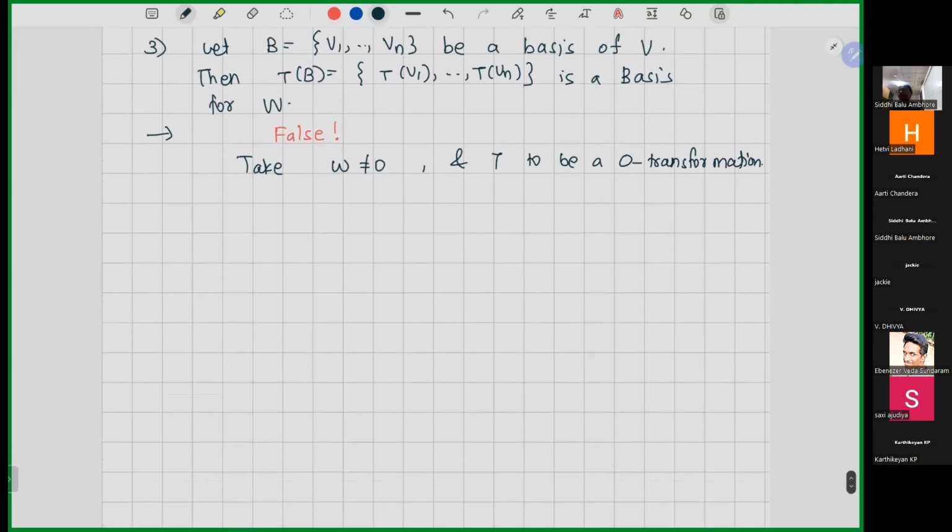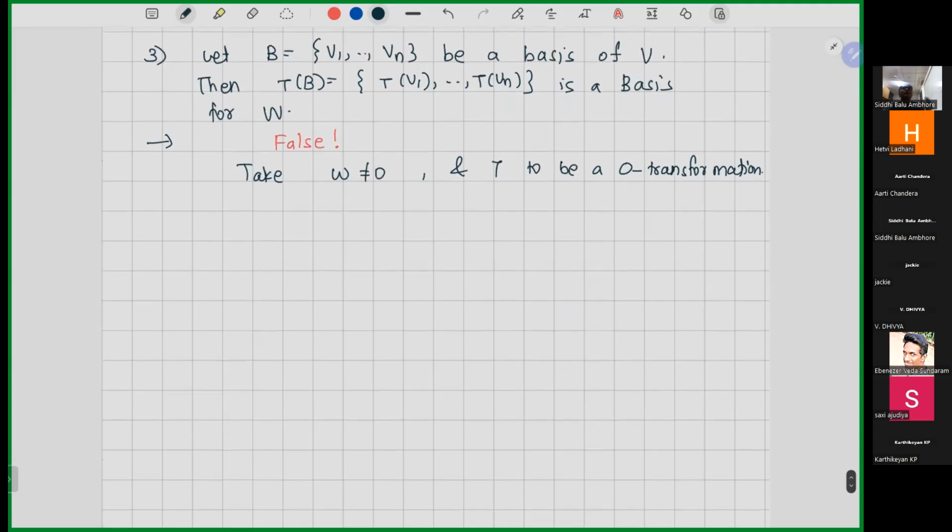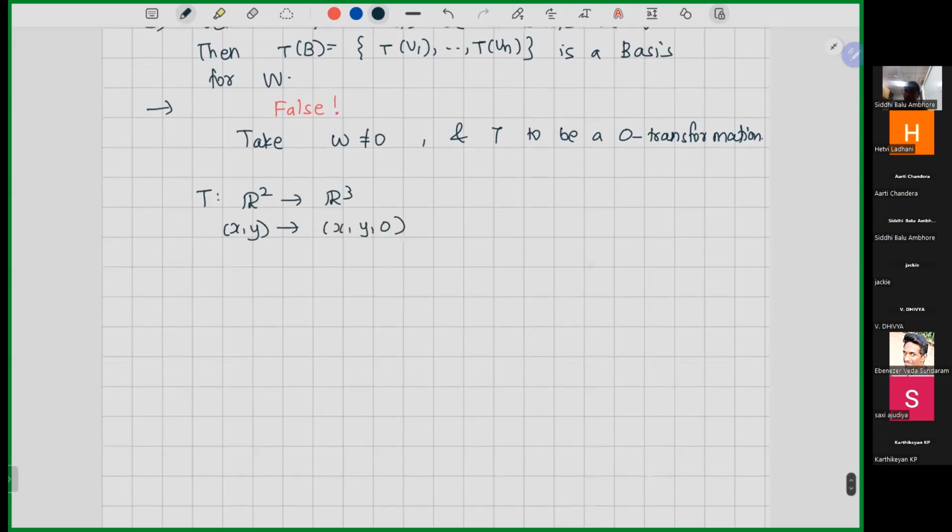But we need not always rely on the zero transformation. Let me give you one quick example of non-trivial transformations where these conditions hold, the spanning and the basis one. We can consider T from R2 to R3 such that (x, y) goes to (x, y, 0).